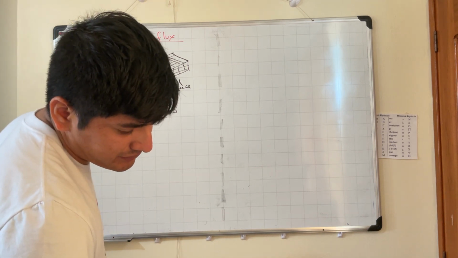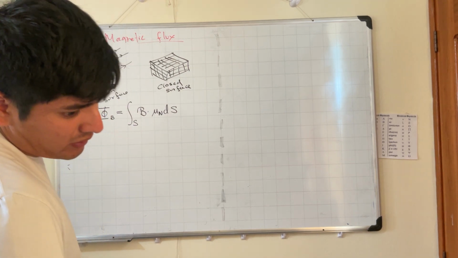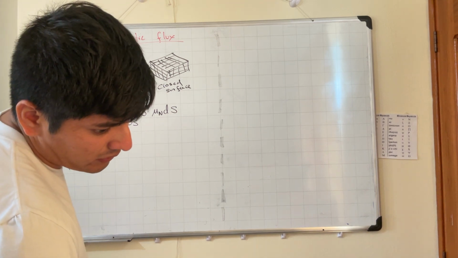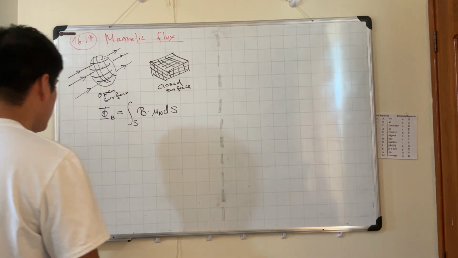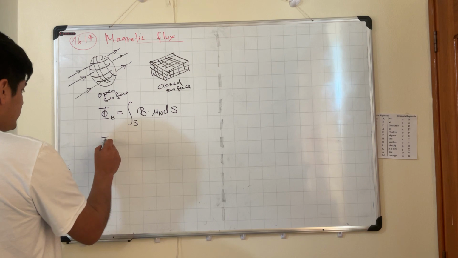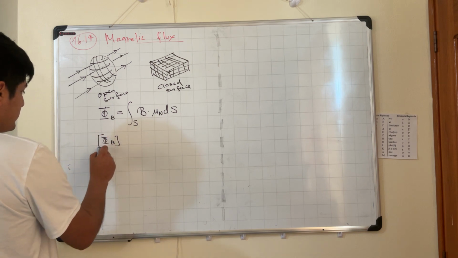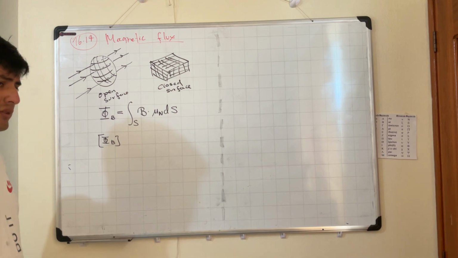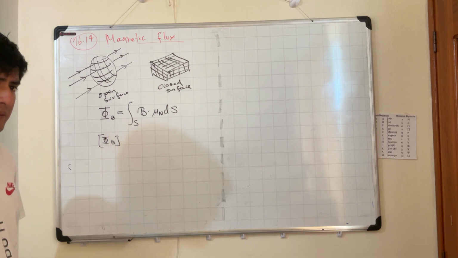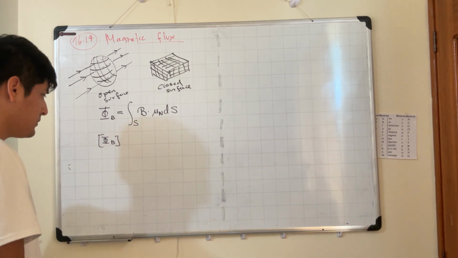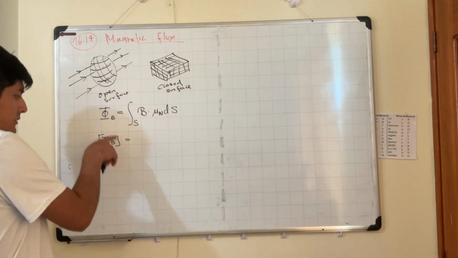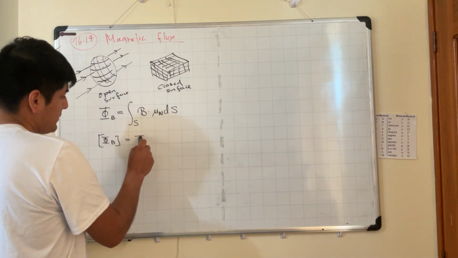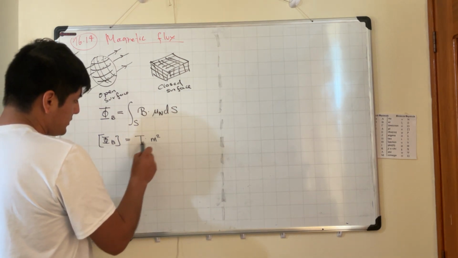So next, the units of magnetic flux. The magnetic flux is magnetic field times area. So it is reasonable to say that the units of magnetic flux are Teslas times meters squared.